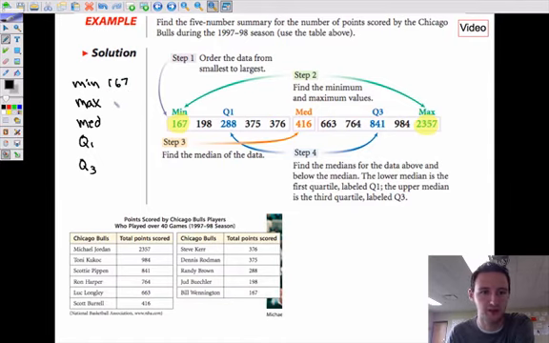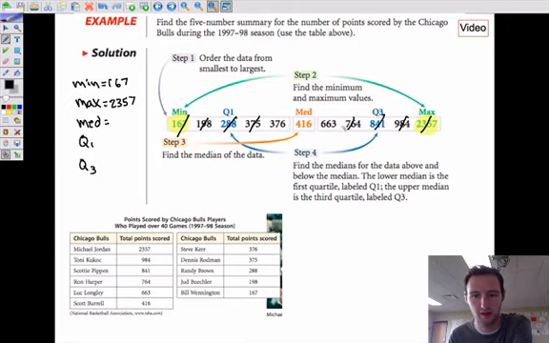So that gives us 2 parts of our 5-number summary. The median, if we cross off values just like we did in the last example, is here in the middle at 416.